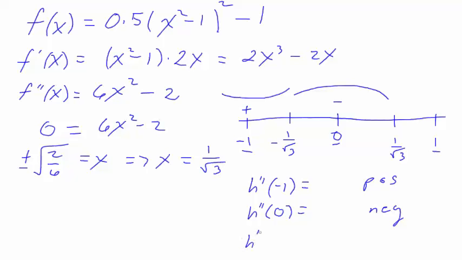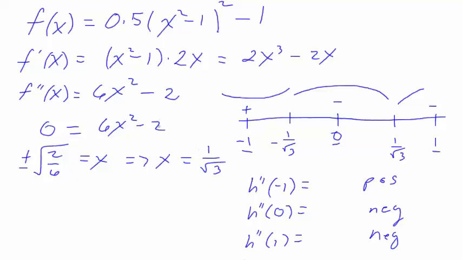And then we plug a 1 into the second derivative, and we end up with a negative number. Like I said, who cares? Don't waste any brain space trying to figure out what these actual numbers are, just their signs. Whoa, we should have symmetry here.